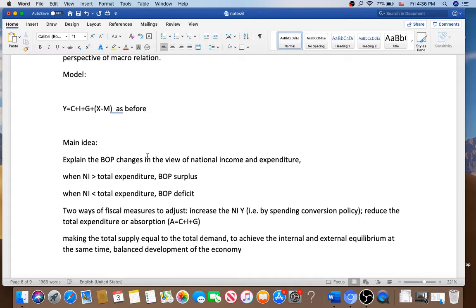Generally speaking, by changing the income and absorption to adjust the imbalance of BOP, making the total supply equal to the total demand, we achieve internal and external equilibrium at the same time, for the balanced development of the economy.